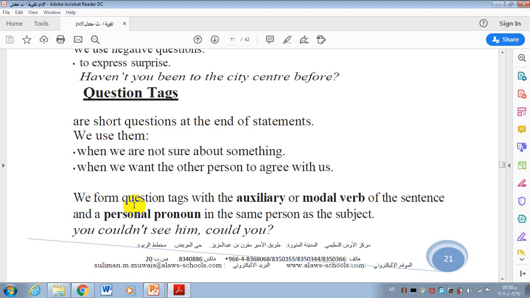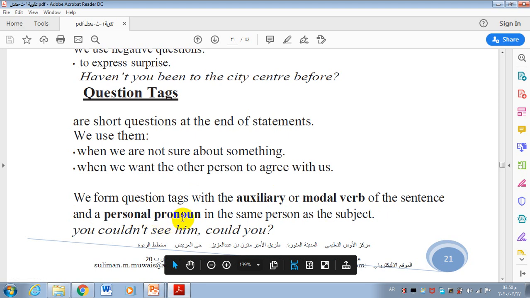And we form question tags with the auxiliary verb or modal verb of the sentence and a personal pronoun from the same person as the subject.